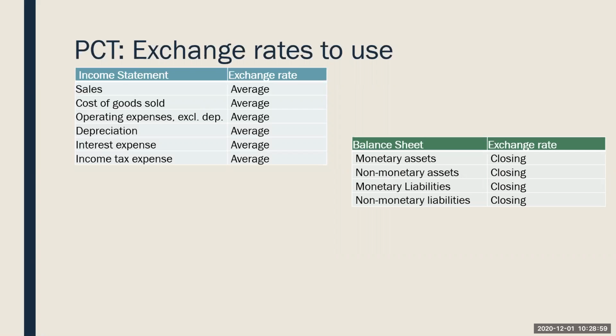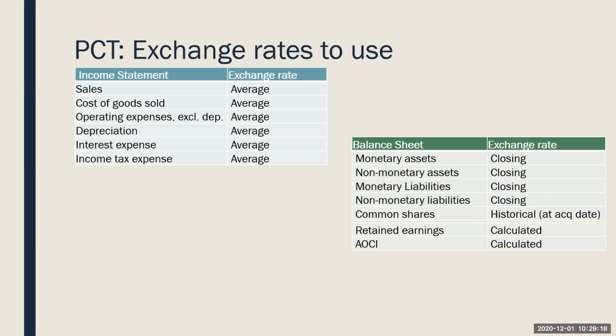For the balance sheet, all the assets, whether they are monetary or non-monetary, and all the liabilities are translated using the closing rate. Common shares are translated using historical rate on the date of acquisition.